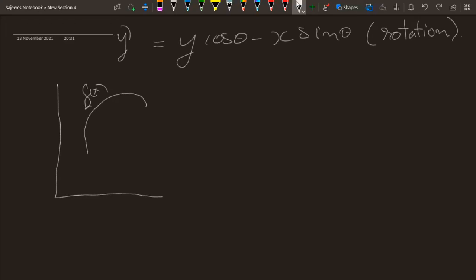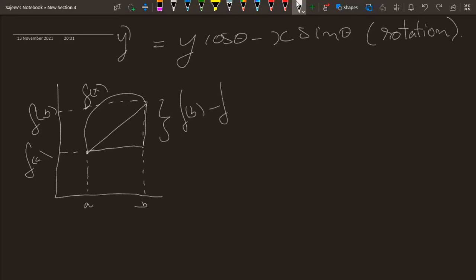This is a, that's b, and this is f of a, this is f of b, this is f of b minus f of a, and this is b minus a, and for this theta, we can calculate what is sin theta and cos theta.